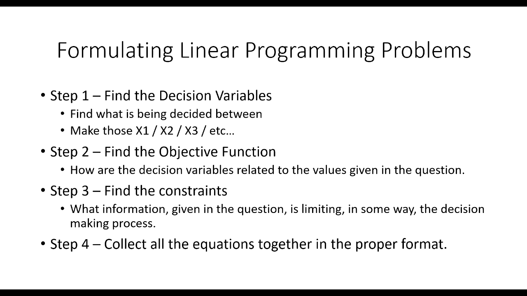Once we've found our decision variables, then we have to create our objective function. And that is, how do our decision variables relate to real life? For example, if we generate X amount of money for item A, x1, and X amount of money for item B, x2, that is how our decision variables relate to the values given in the question.